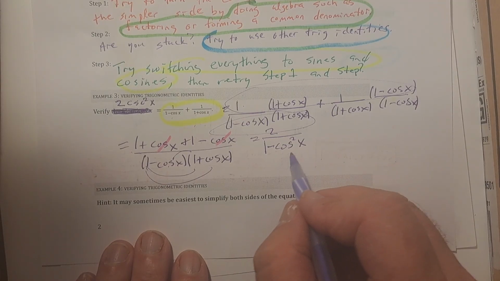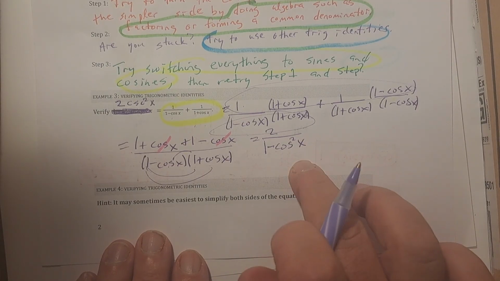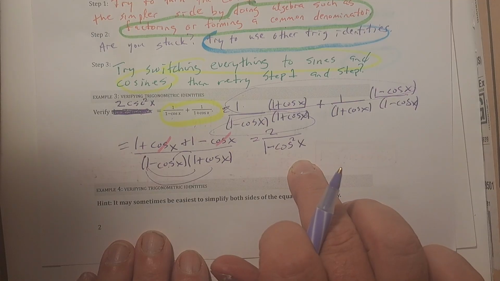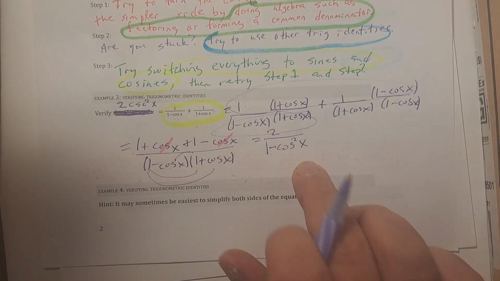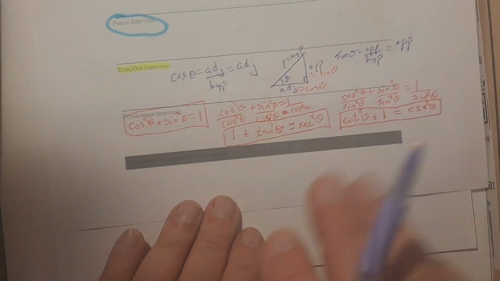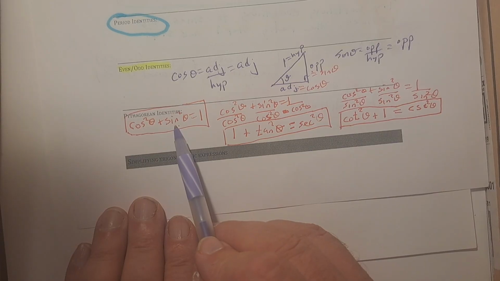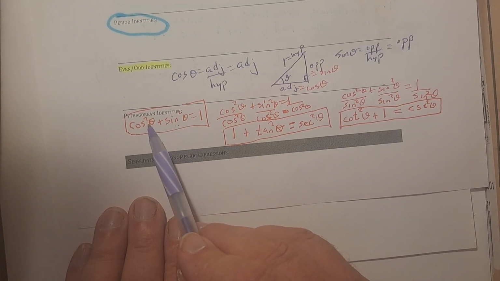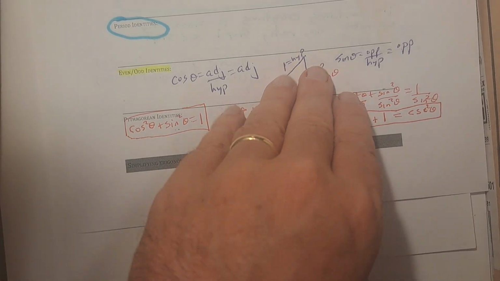Now I recognize this last one because that's the first Pythagorean identity. This is 1 minus cosine squared, and since cosine squared plus sine squared is 1, if I move cosine squared to the other side, I get sine squared. So here's what I'm saying.